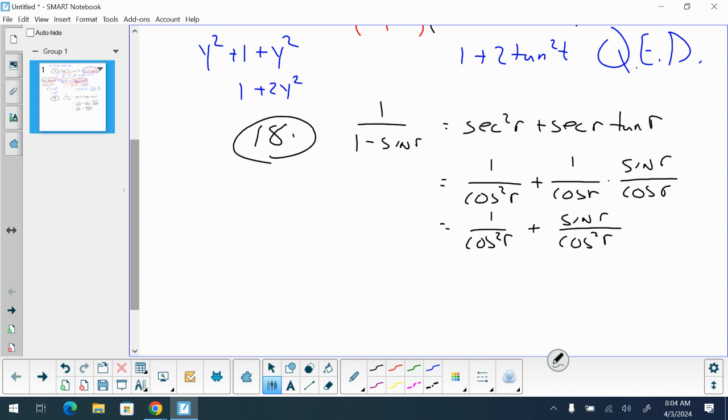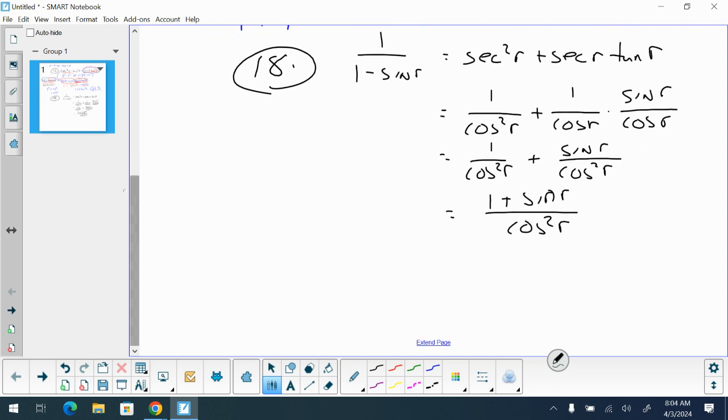To add two fractions, we have to have a common denominator. Do we have a common denominator already? Yes, we do. So let's rewrite this over one denominator and see where we're at. We have 1 plus sine of r. We add the tops and keep the bottom the same.